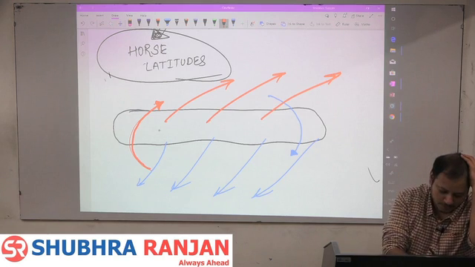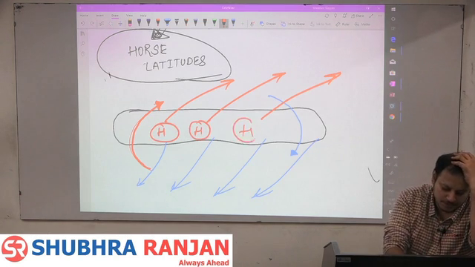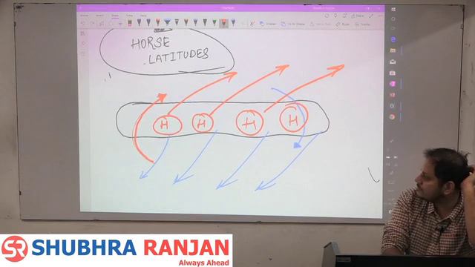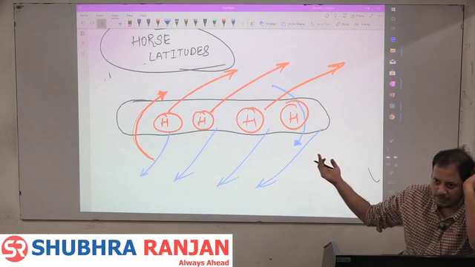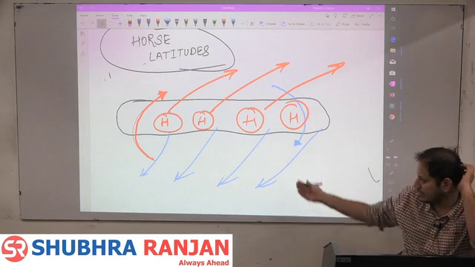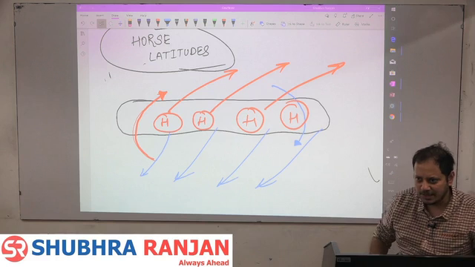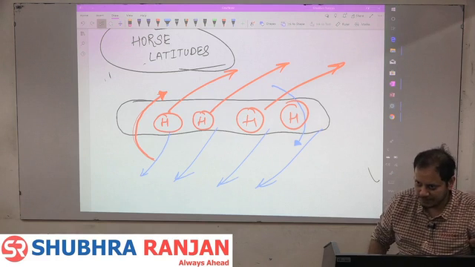Clear? The one going up is the westerlies, and the one coming down is the trade winds. It will come towards the equator and then form at the ITCZ. Fine?